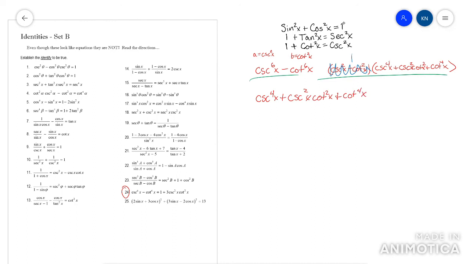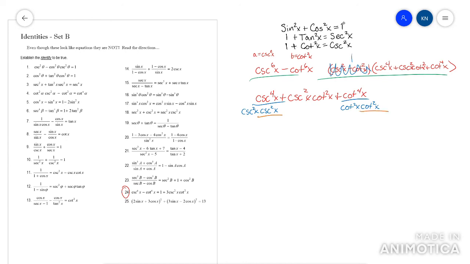All right, now what I'm going to do here is going to look really weird. Your cosecant 4, you can break up to be cosecant 2 cosecant 2. And same thing with this cotan 4, you can write it as cotan 2 cotan 2. The reason you want to think of it like that is because now you're going to change one of the cosecant squareds and one of the cotangent squareds.